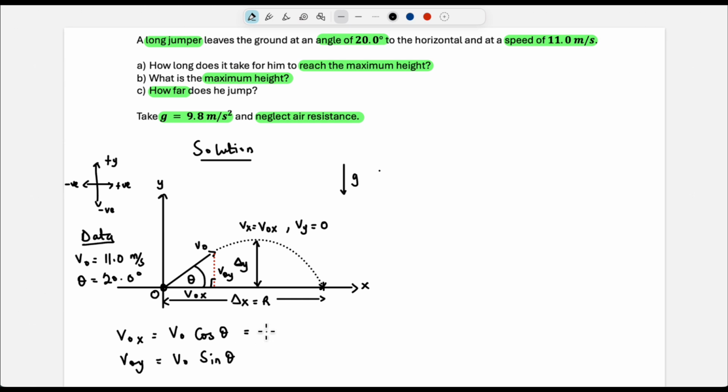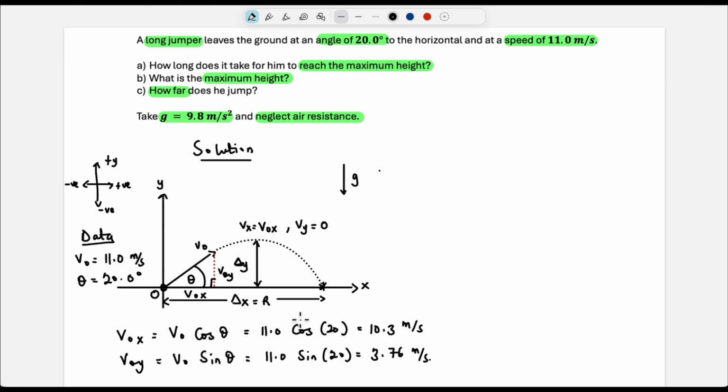So we have V0, which is 11.0 meters per second, and then cosine of the angle, which is 20 degrees. This is going to give us 10.3 meters per second. In the same sense, we will have 11.0 sine of 20 degrees, and this is going to give us 3.76 meters per second. So this is our initial horizontal and vertical speeds.